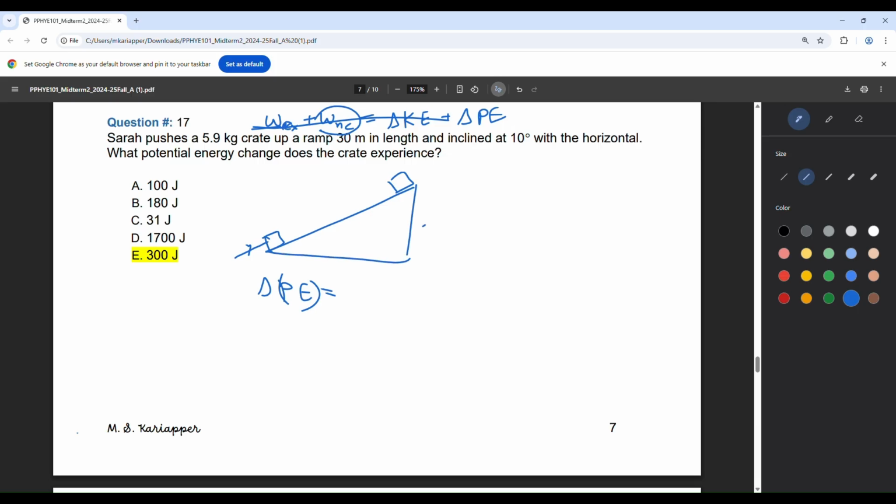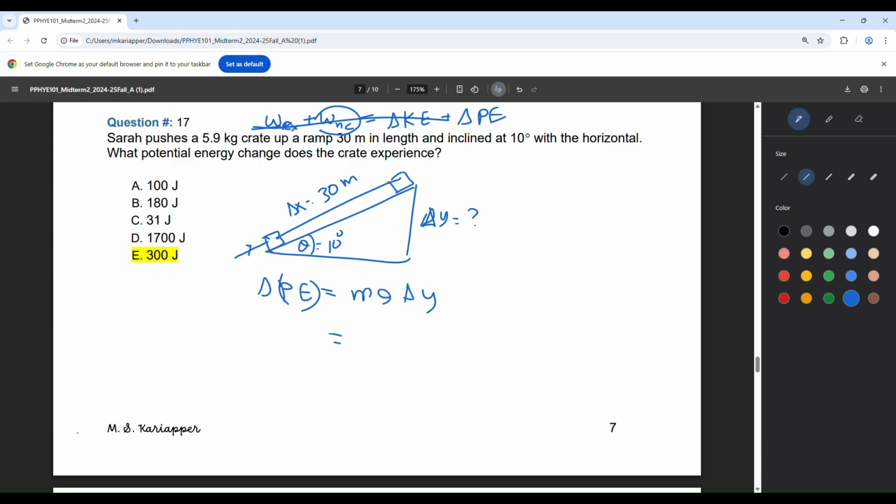This is being pushed a distance of height delta y, we don't know, but he is giving us this delta x, which is 30 meters, and this angle theta, which is 10 degrees. So changing the potential energy, simply the definition. We have everything we need. M is given, g is given. Delta y is not given straight away, but we can calculate it.